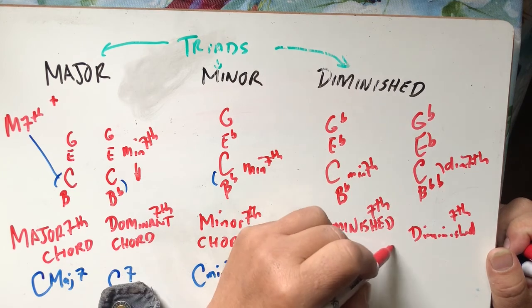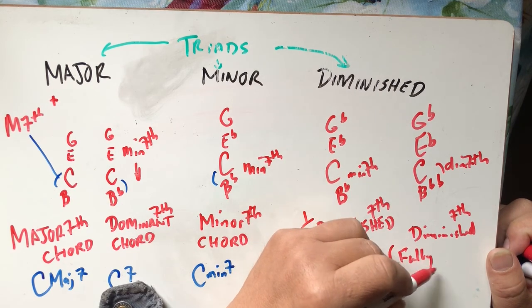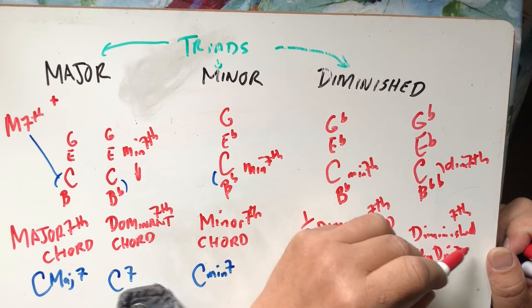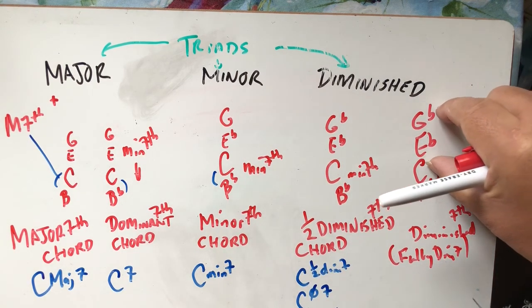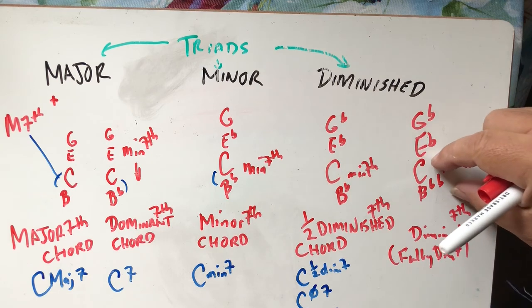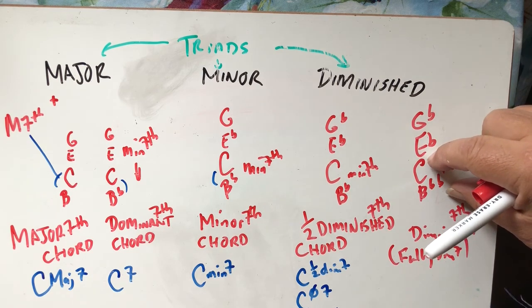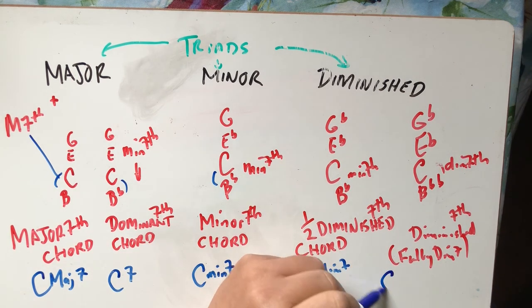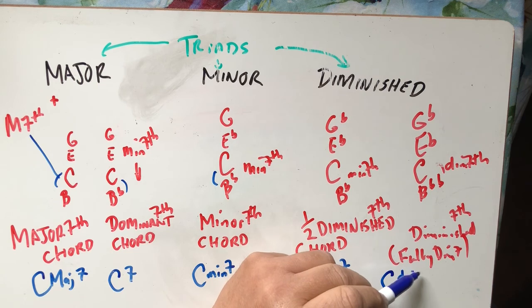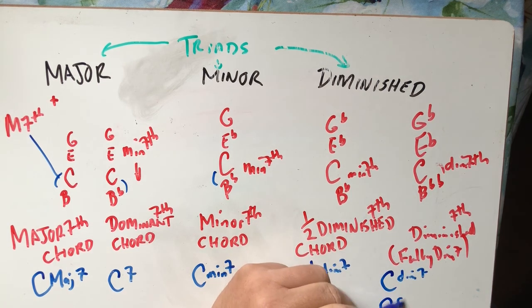Sometimes they call it a fully diminished 7th chord because they want to distinguish from the half diminished, because the triad part is diminished and the distance from the root to the 7th is also diminished. And you will see it written in a bunch of ways. Sometimes you'll see it C dim 7, and sometimes you'll see it with the degree sign with not a slash through. Okay? So, and that's it.